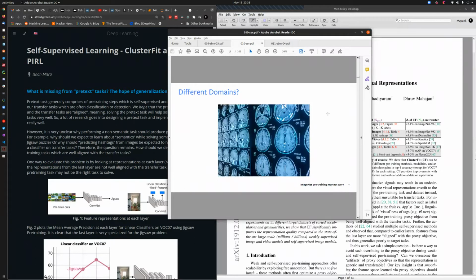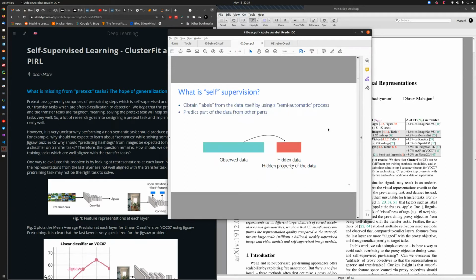This is with respect to the medical domain, and how and why it is useful here. This is how Ishan defined it.